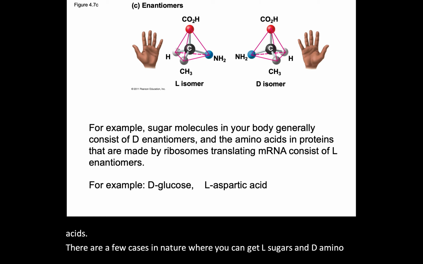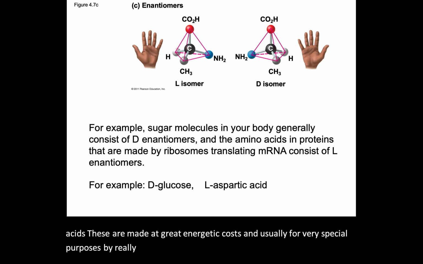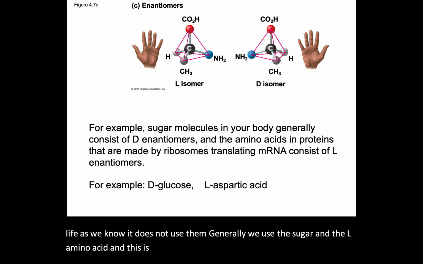These are made at great energetic cost and usually for very special purposes by really weird bacteria. So they can be made. Physically, they can exist. But life as we know it does not use them generally. We use the D sugar and the L amino acid. And this is true of every bacterium, all the way up to animals like you and I.